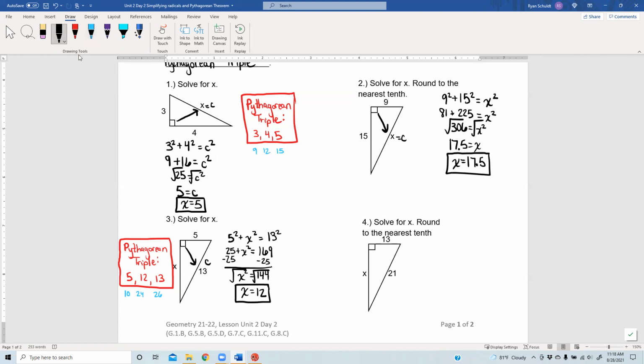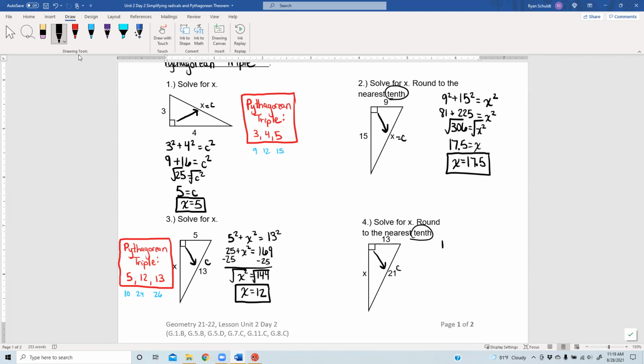Okay, number 4. Solve for x, round to the nearest 10th. So remember, 10th means 1 decimal place. So get your C. It's going to be that 21. So this problem is going to be like number 3.